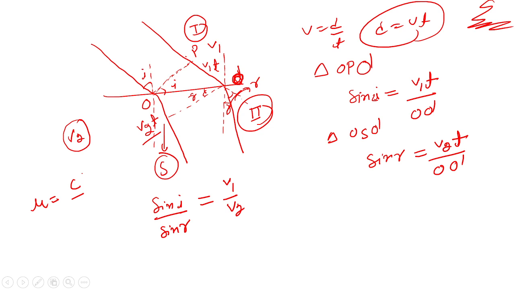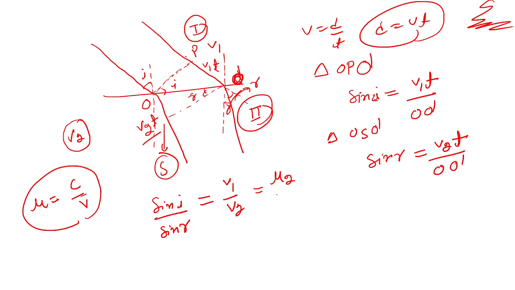If we put this formula here, you will get the refractive index of the second medium over the refractive index of the first medium. So this is the expression we were asked for. It is very simple.